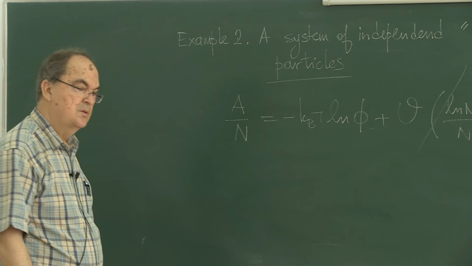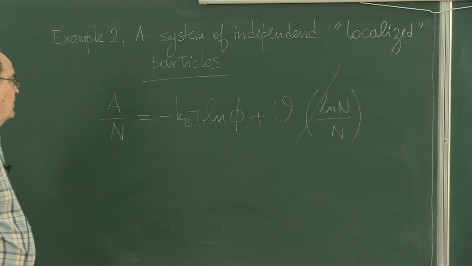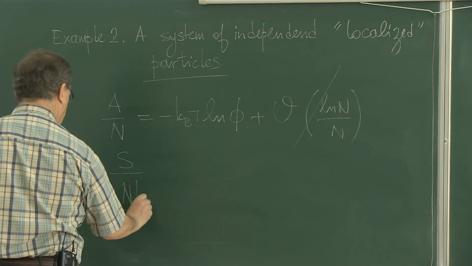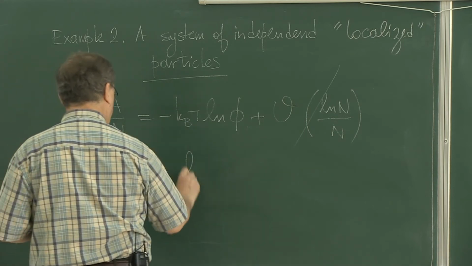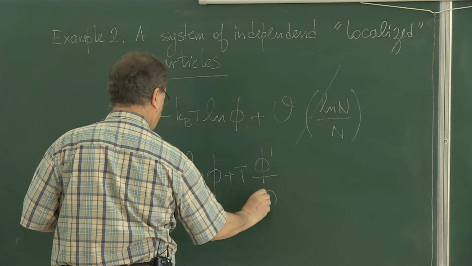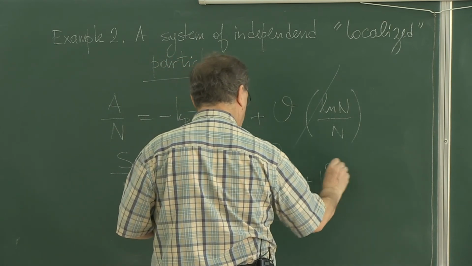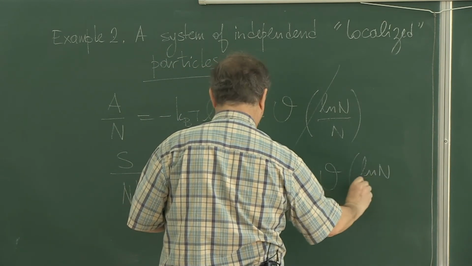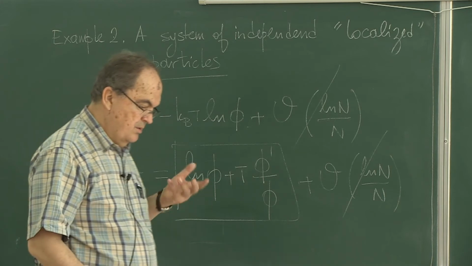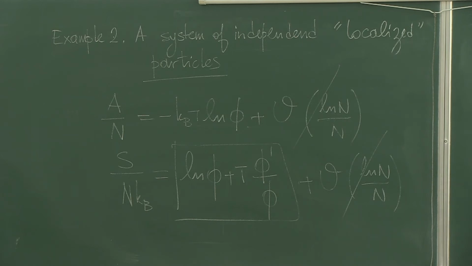You can omit those terms because n is a very large number, and entropy in units of n kB can be written as ln of phi plus T times phi prime over phi plus terms of order ln n over n again. So you can omit that too. So knowing phi of T gives us everything.